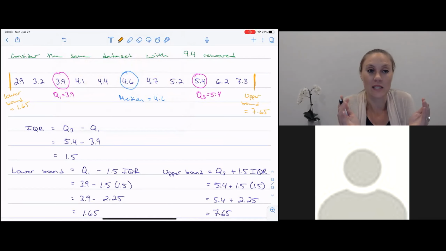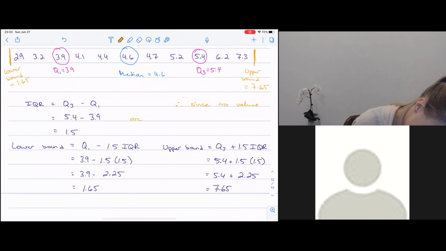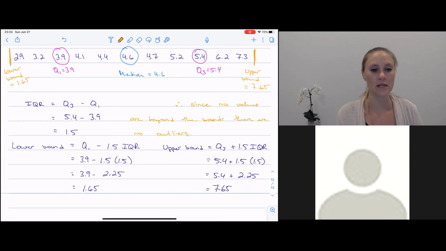And so now I can see that therefore, since no values are beyond the bounds, there are no outliers. Right.